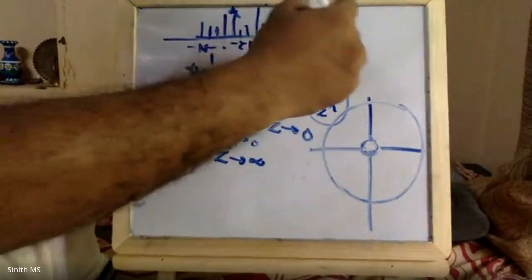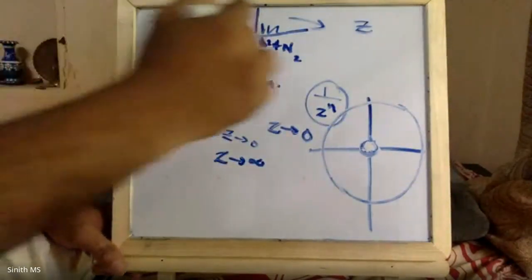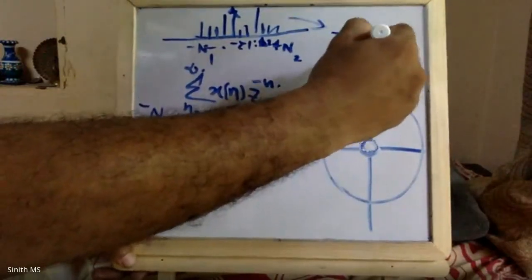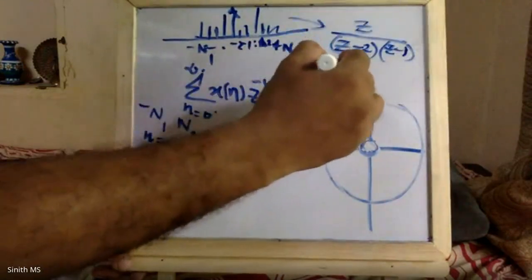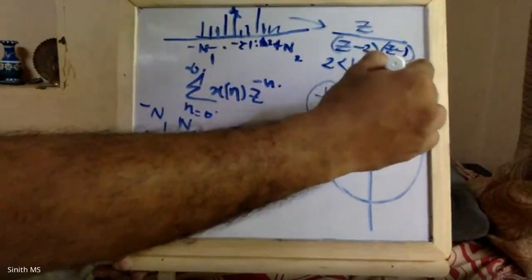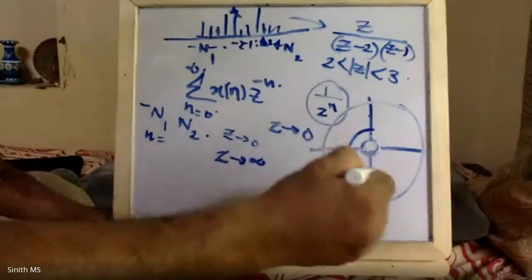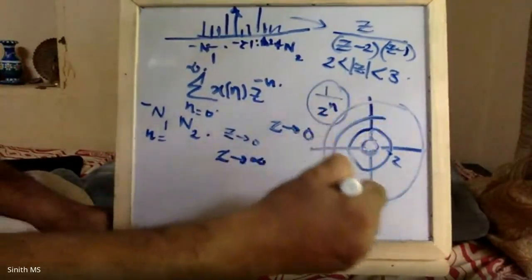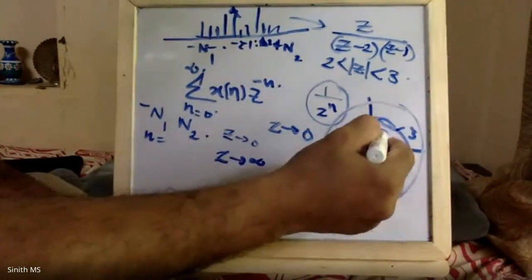And suppose the Z transform of this, or the system transfer function, is something like z minus 2 into z minus 3, and suppose your ROC is 2 less than mod z less than 3. Then z equal to 2 is a circle of radius 2, z equal to 3 is a circle of radius 3, and the ROC is in between 2 and 3.